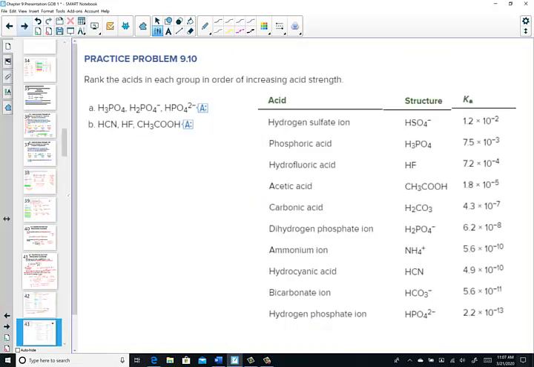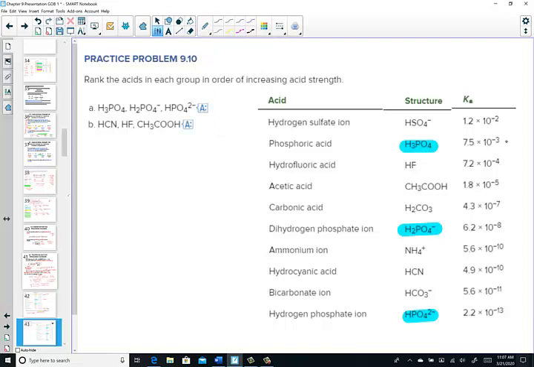Rank the acids in each group in order of increasing acid strength. And again, you would be provided a test-taking tool page to do so. Let's find our acids and compare their Ka values. In letter A, H3PO4, that's called phosphoric acid, compared to H2PO4 negative, compared to HPO4 2 negative, all families of phosphoric acid, taking off one proton, then the next, then the next.